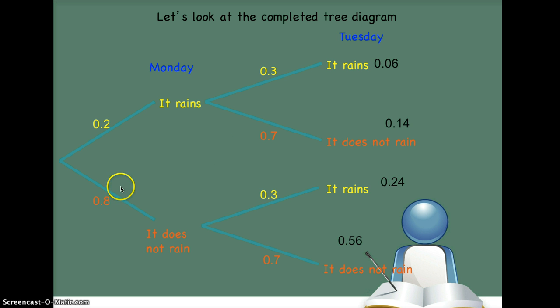Here are the answers that you solved independently. The probability that it will not rain on Monday but will rain on Tuesday is 24% or 0.24, and the probability that it won't rain on Monday and Tuesday is 56% or 0.56. I hope you got it right.